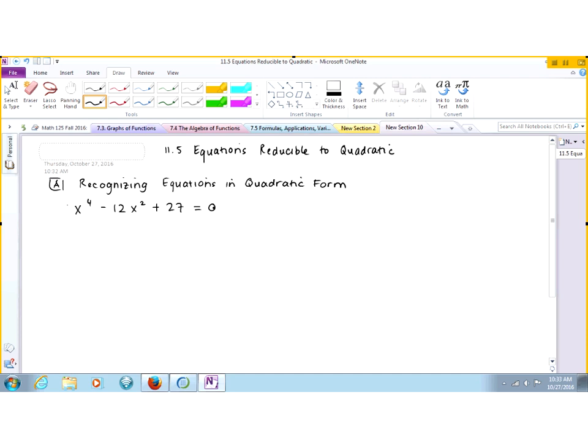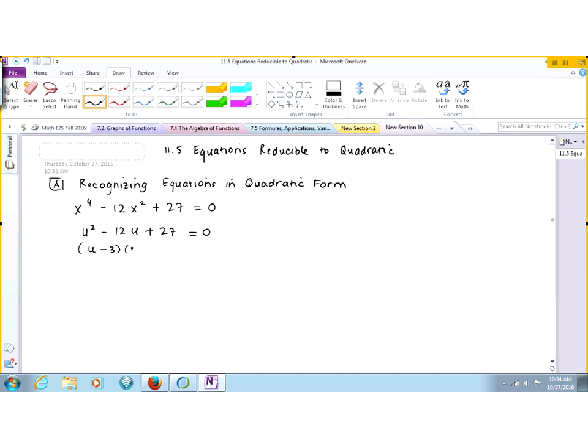No, not really. This is to the 4th power, isn't it? But what about u squared minus 12u plus 27 equals 0? Have you learned how to solve this? Yes? Okay. So, yes, you're right.